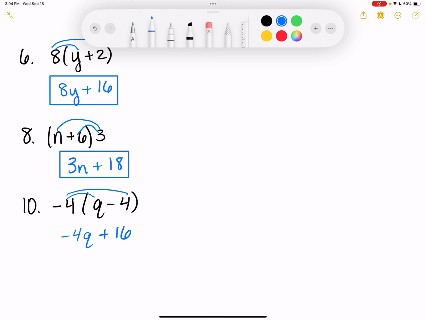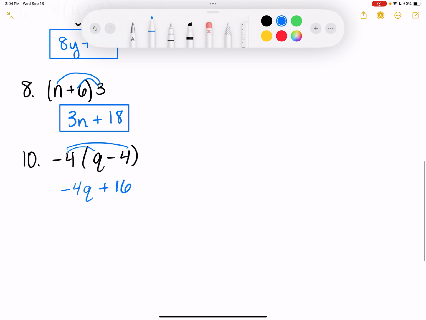So you always want to put the one that has the variable first and then put the other one? I mean, that's the preferred method because ultimately that's what's called standard form, but that's way later on, where the higher powered terms come first and you work your way down. But what I'm more so saying is if you multiply a number times a variable, you always write the number first.